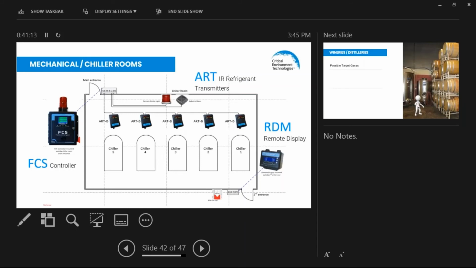A typical example of a sensor system laid out or designed such that for each chiller, whether it be different refrigerants in each of those chillers, or whether there's enough refrigerant that they just want to catch the leak at the soonest possible time, they can put one sensor per chiller.